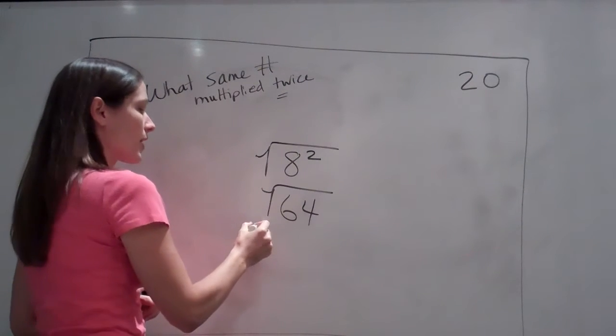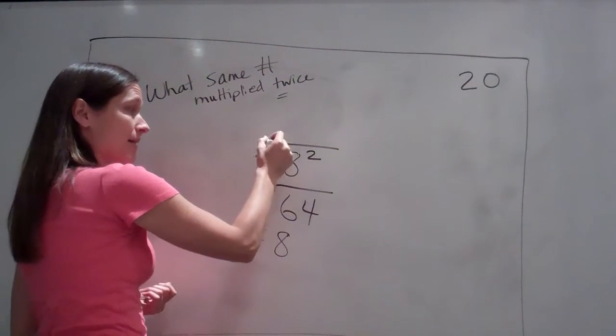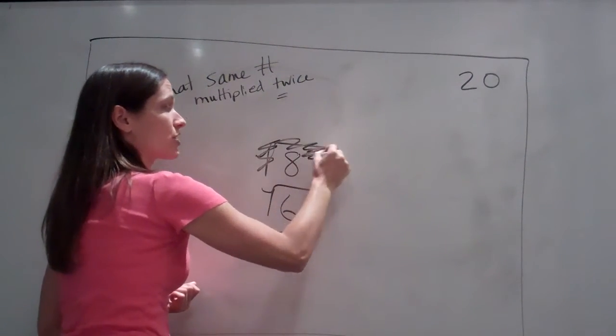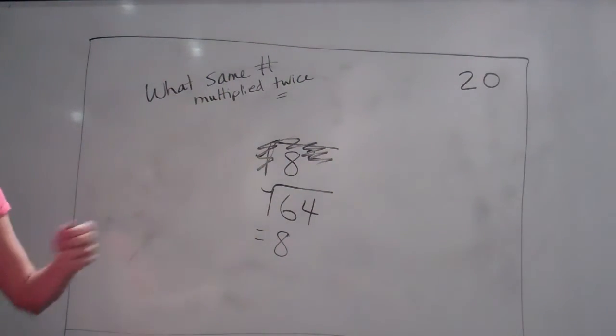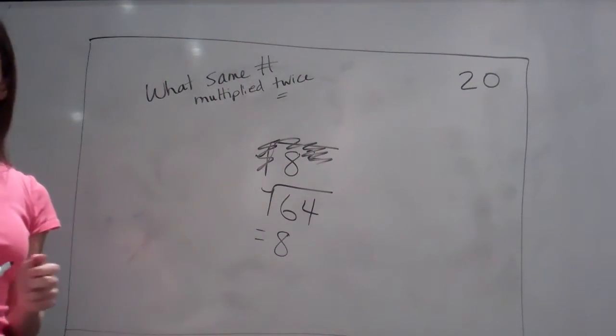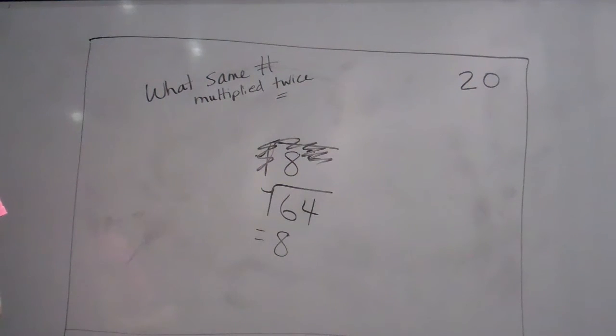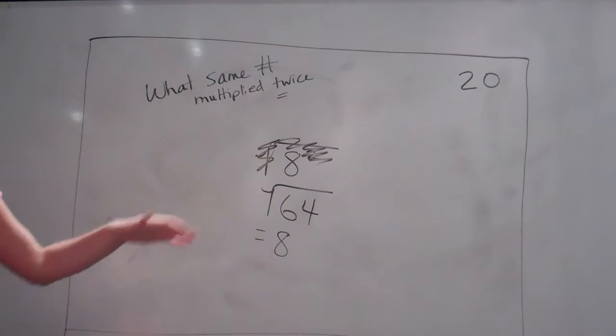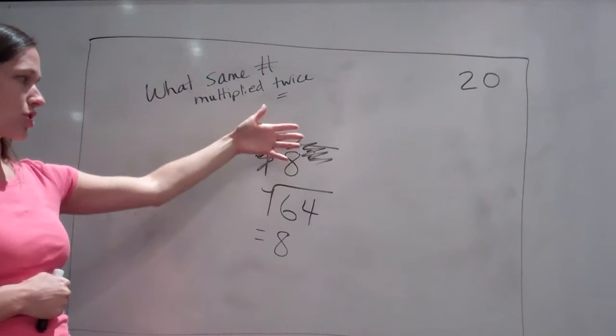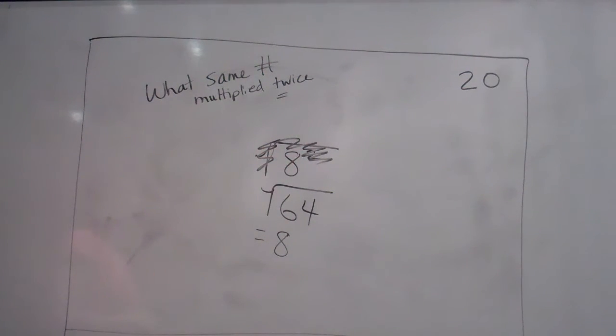So it would be 8. Basically these cancel each other out. It's like saying the opposite of the opposite. That makes it so much easier. I need to show you the right way, and then I need to show you the easy way. So that's pretty much how it works.